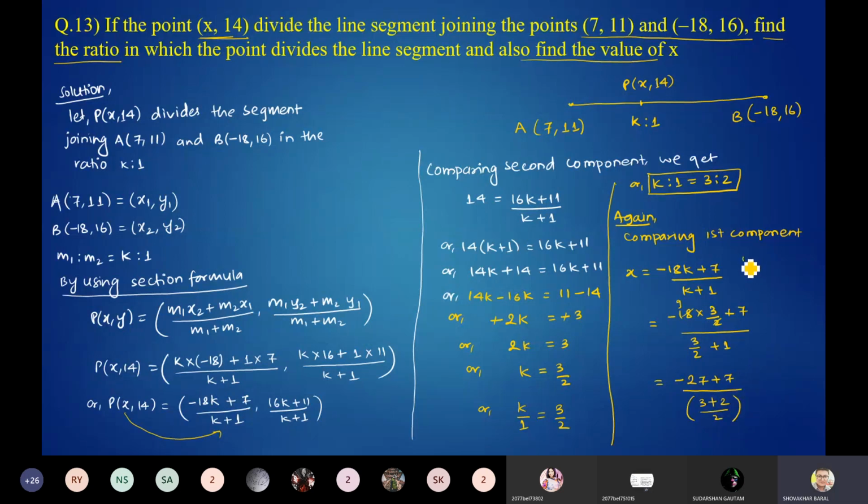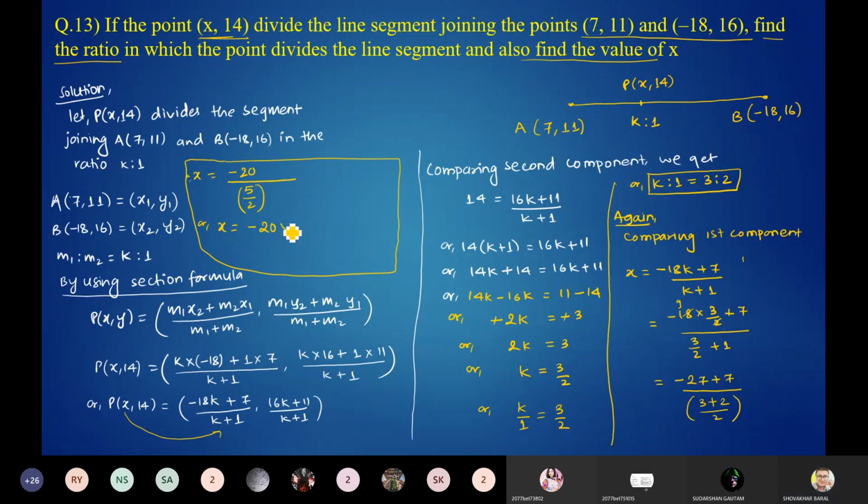I have very little space left here, so let me write it here. x equals minus 27 plus 7 is minus 20, divided by 3 plus 2 is 5, divided by 2. Now how to simplify this, I have taught in the previous class. x equals minus 20 times 2 by 5.